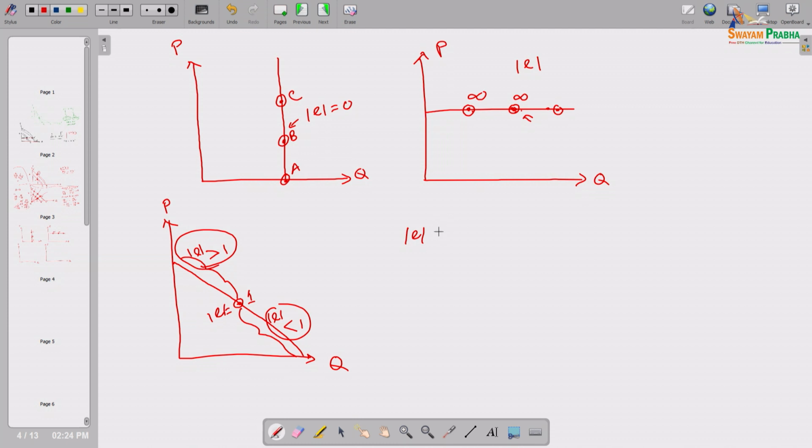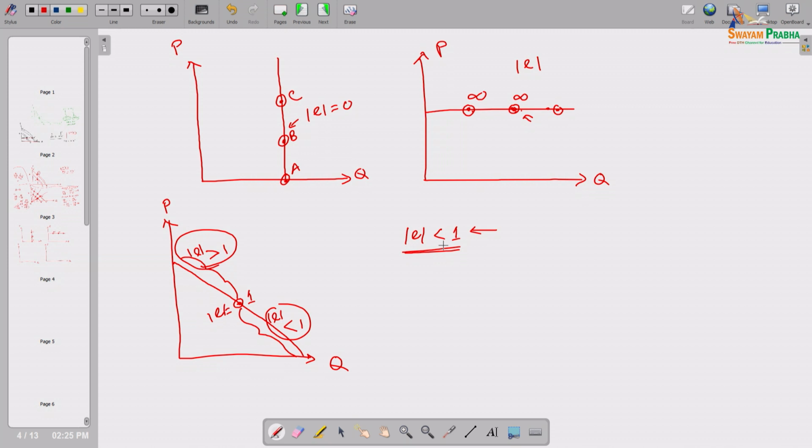Let us bring in certain terminologies. When the absolute elasticity value is less than 1, for the demand curve or for the commodity where the elasticity value is of this kind, we will say that demand is inelastic, and for the commodity for which this is the value, we will say that demand for that commodity is inelastic.